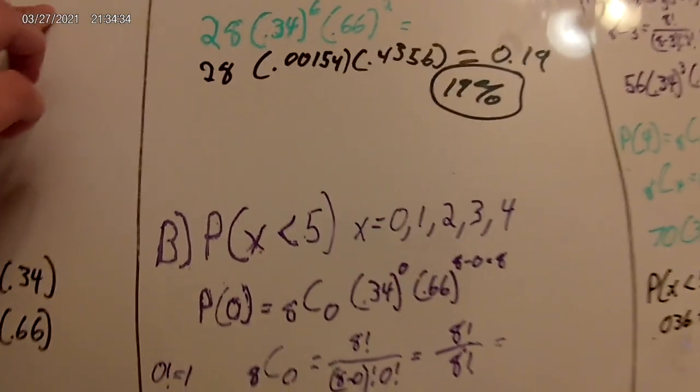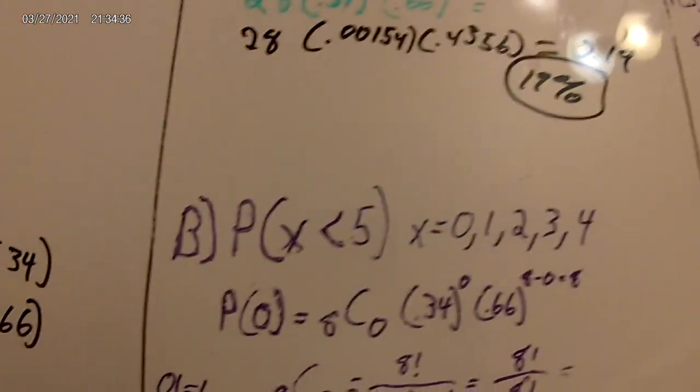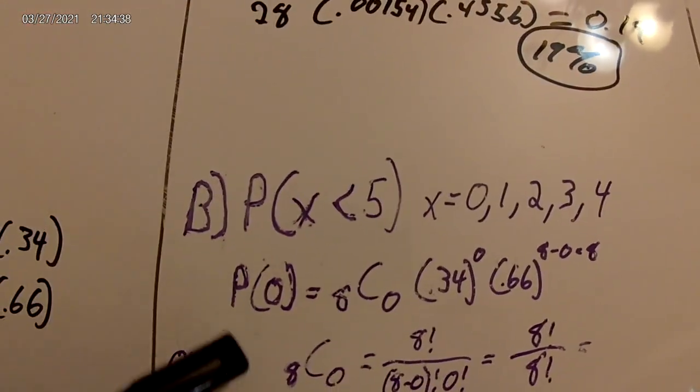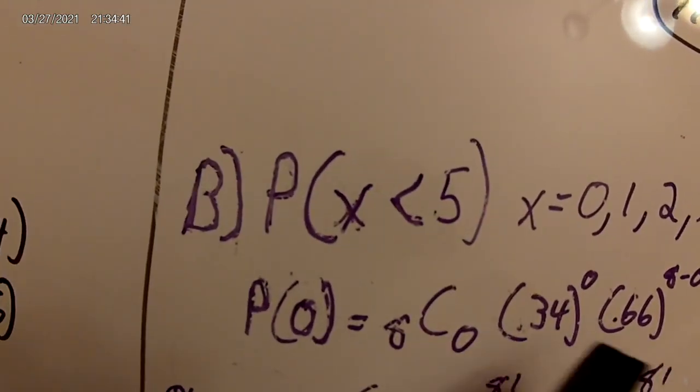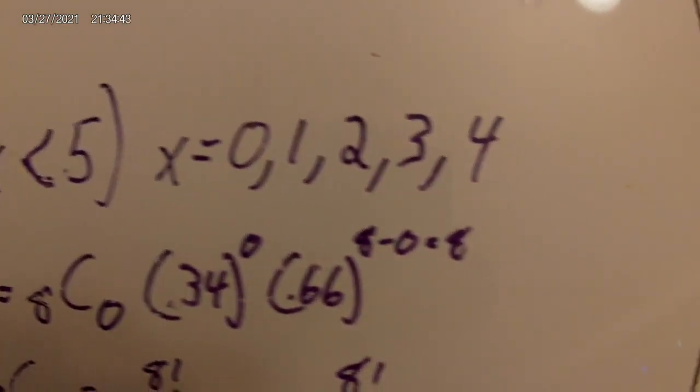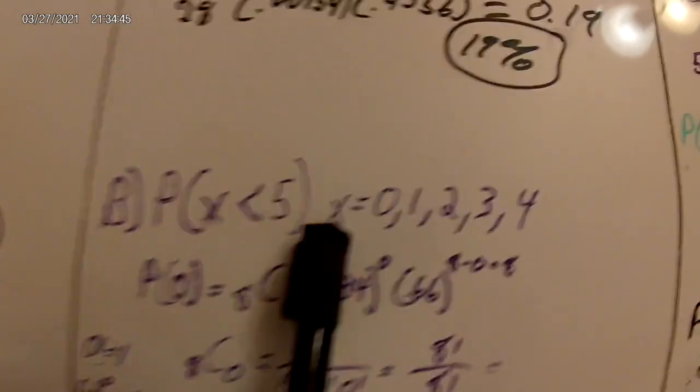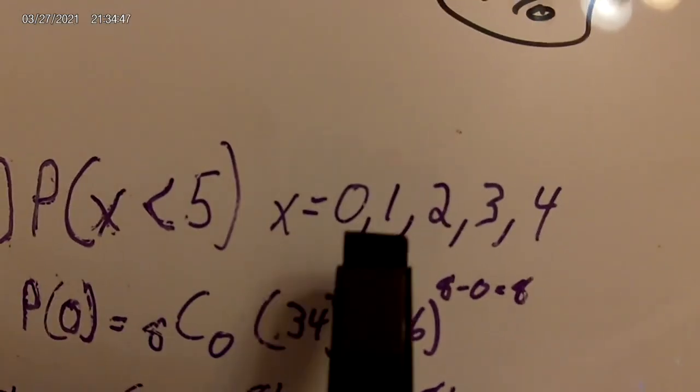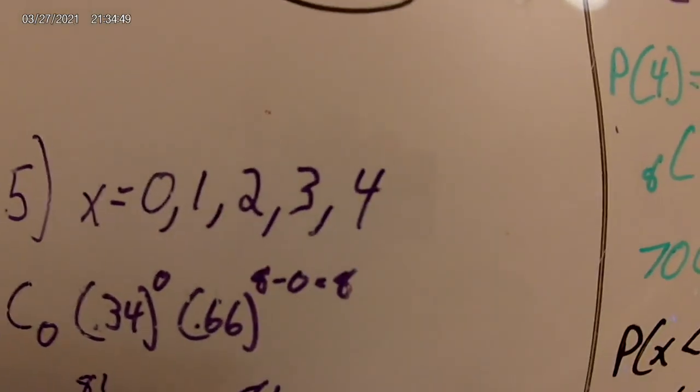To find the second part, where we want it to be less than 5, we find the probability of every number that's less than 5 and then add them up. So x can be 0, 1, 2, 3, or 4.